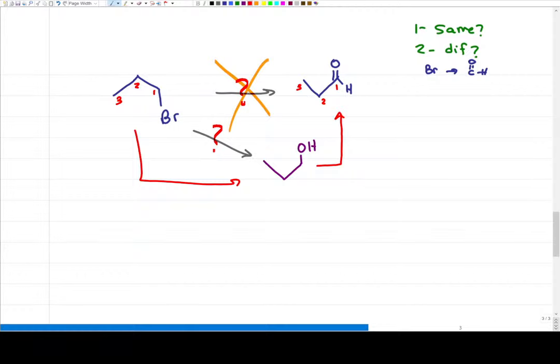How do you turn a bromine into an alcohol? With an SN2 reaction. That SN2 reaction will require something like NaOH in the presence of a polar aprotic solvent like DMSO. We don't want elimination. We want to make sure it goes substitution. Once I have the alcohol, I want a partial oxidation, PCC.